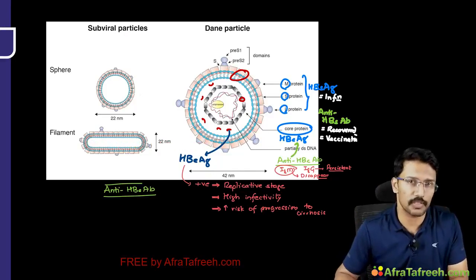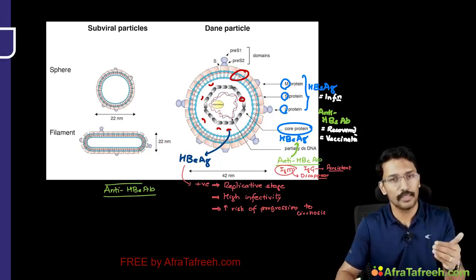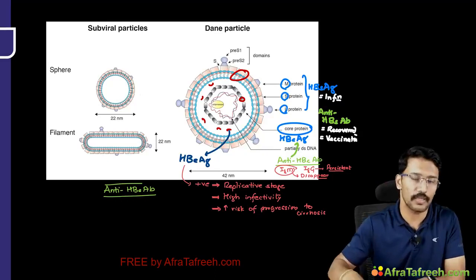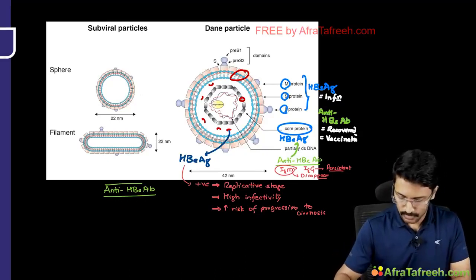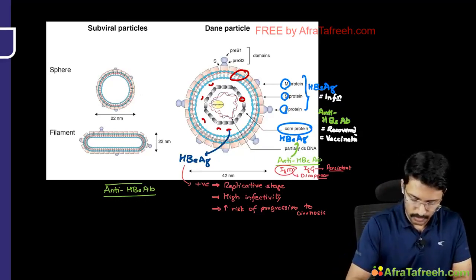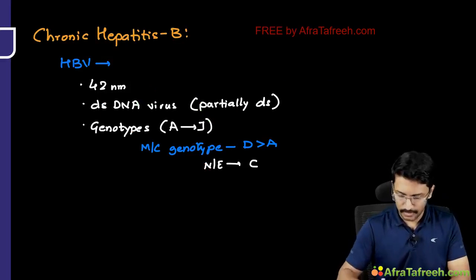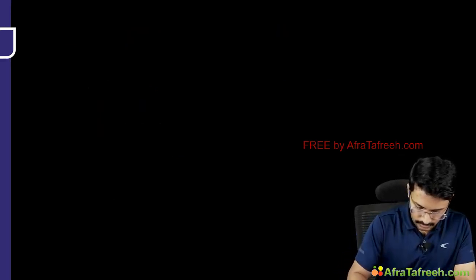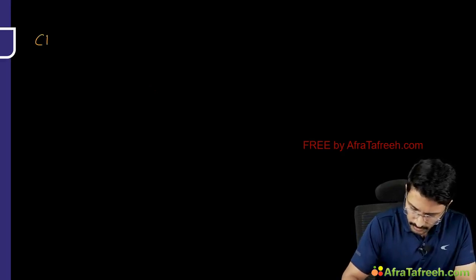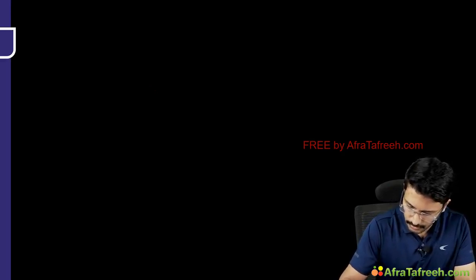Especially if you're in the first year of your MD medicine or DNB medicine, you should spend some time on MCQs solving the serology of hepatitis B. Okay, so this is the basic introduction to the virus. We have understood the structure of the virus, we have the basic idea. Now let us talk about the clinical features of chronic hepatitis, or let me rather say features of chronic hepatitis.